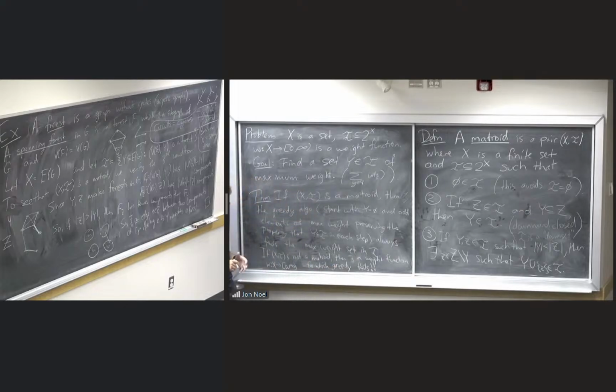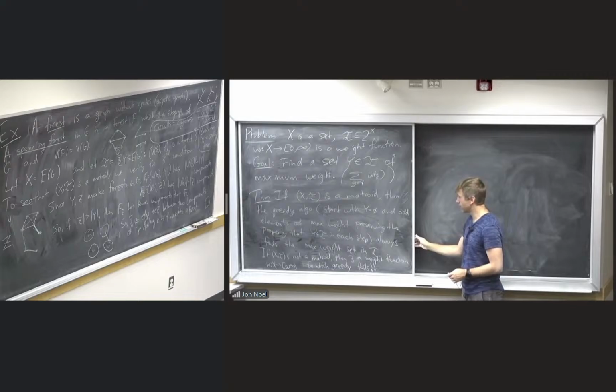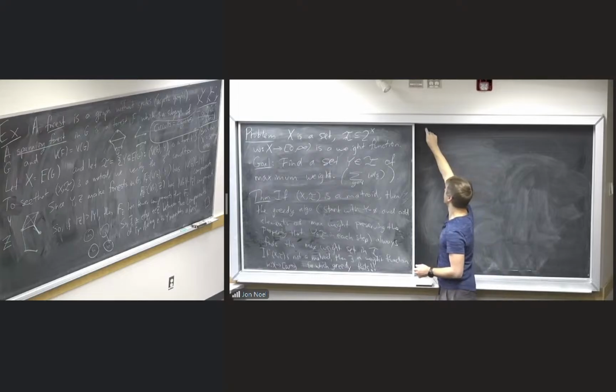So in some sense, matroids are exactly the structures where greedy algorithms always work. Okay. Is it clear what that theorem is saying, basically?